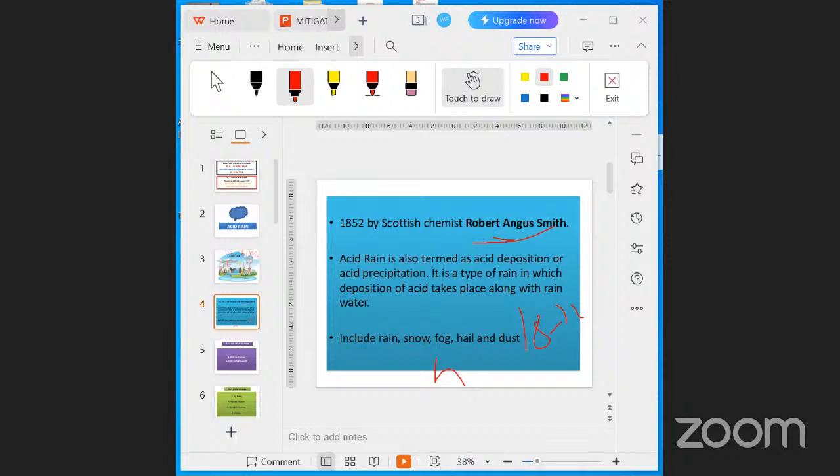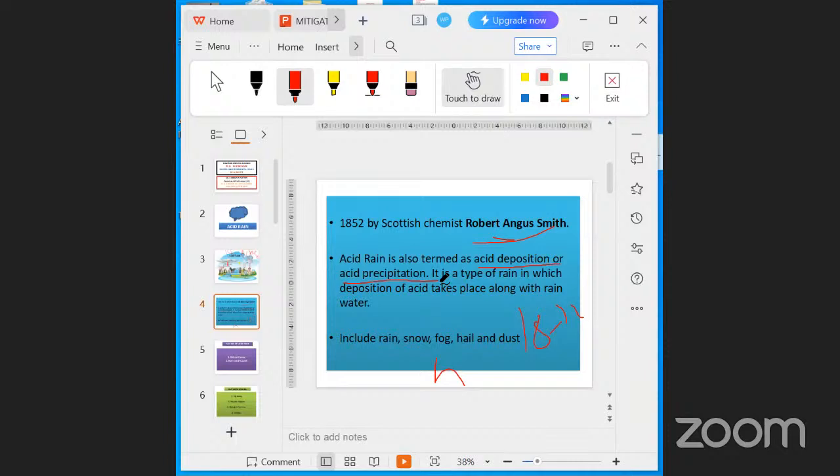So now, what is acid rain? Acid rain is also termed acid deposition or acid precipitation, right? It is a type of rain in which deposition of acid takes place along with rainwater.